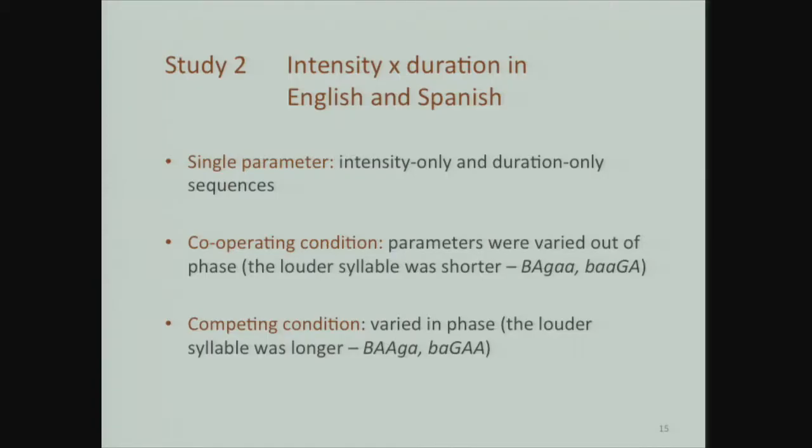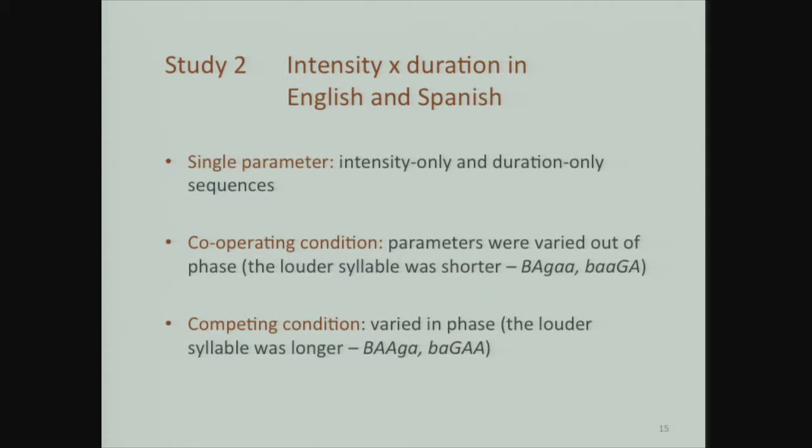The effect sizes are larger for intensity than for duration, and they're larger for the Spanish than for the English group. But in the next study, we included the same kinds of sequences on a more modest scale, so no more 9-point scales, but we also included sequences in which we varied both intensity and duration in the same sequences.